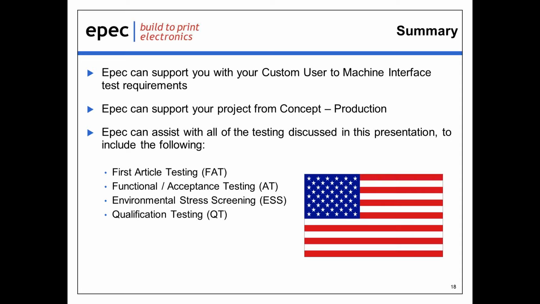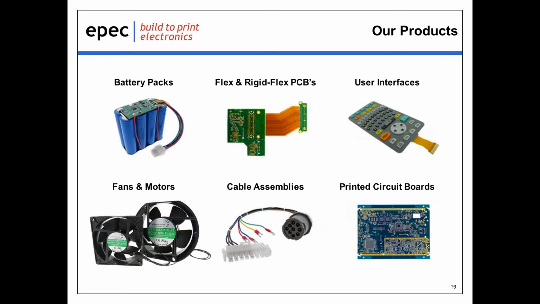We can assist you with all your testing discussed in this presentation, again, to include the tests that were identified, the first article testing or FAT testing, the functional and acceptance testing, the environmental stress screening, ESS testing, and the qualification testing if needed. With that, I'll hand it off to Ed, and he can talk about our other product lines that EPIC can offer.